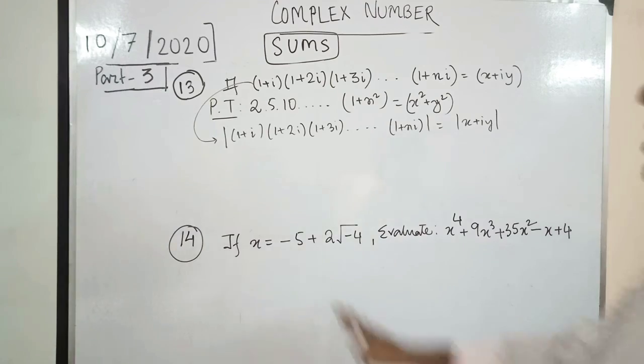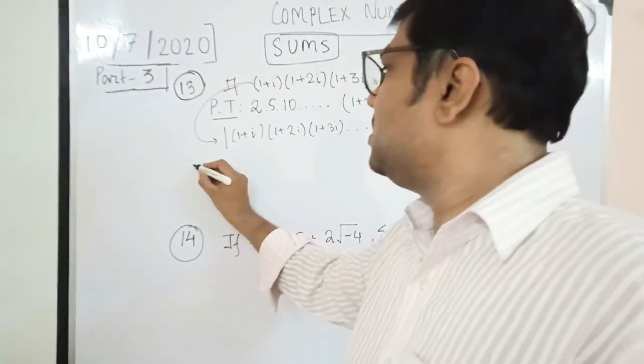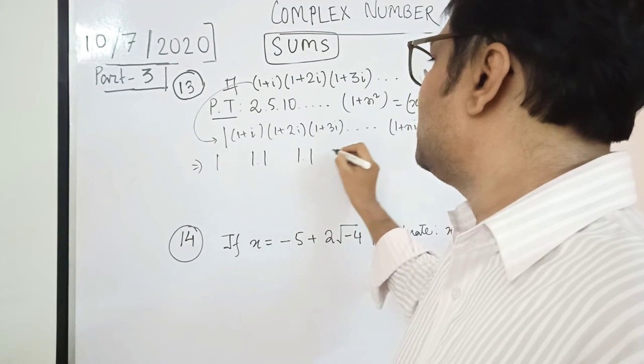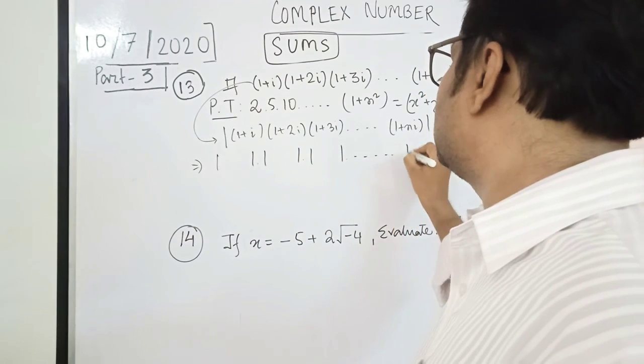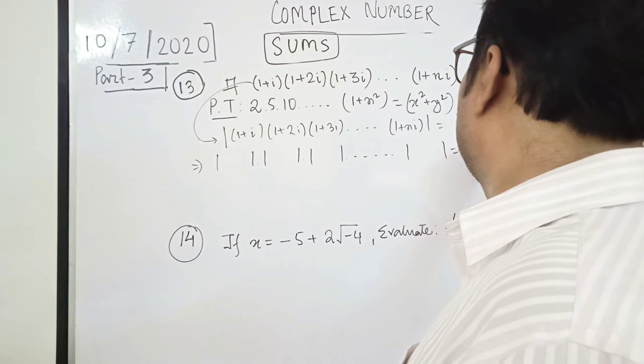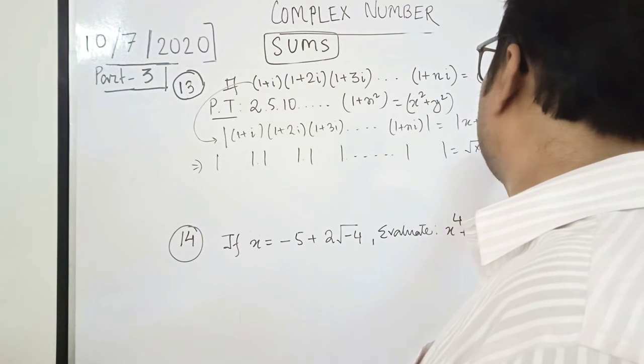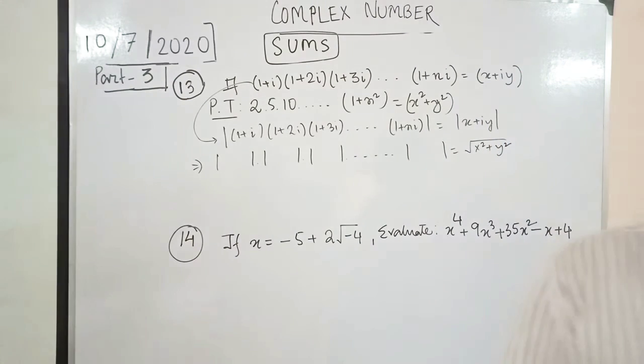This product will be broken into so many mods, product of all these mods up to the last mod, and this side it will be root over x square plus y square.